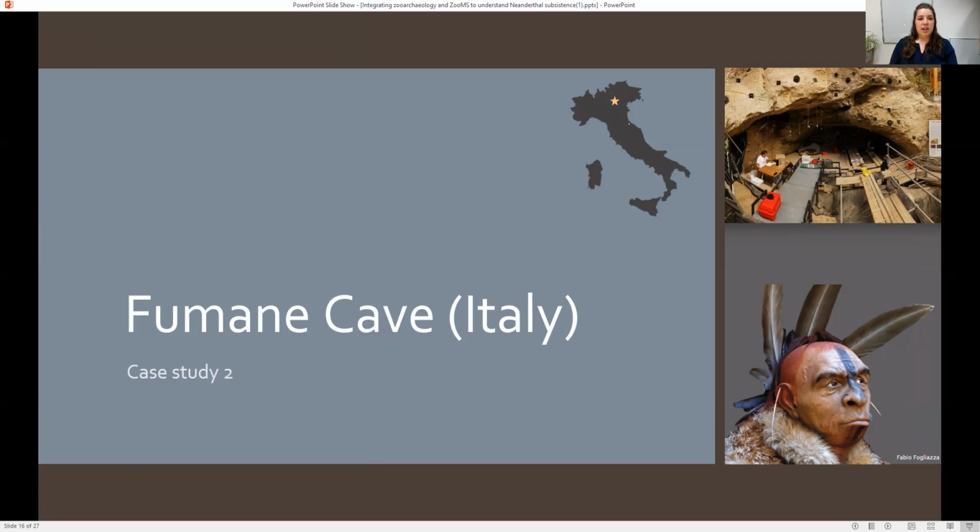It was first excavated in 1964 and is currently excavated by a team led by the University of Ferrara. Human occupation is attested by numerous lithic artifacts and combustion features, and the site has produced unusual finds such as ornamental objects and evidence for intentional removal of bird feathers.